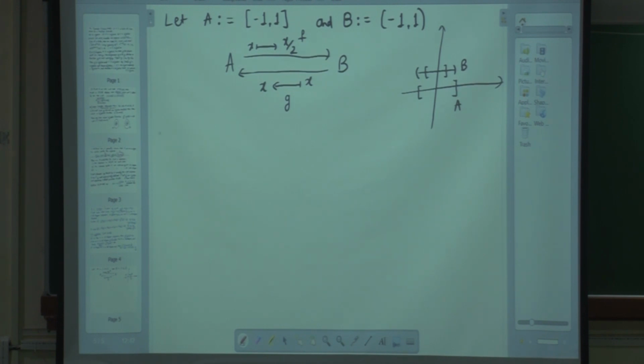So we want h from A to B which is a bijection. If you follow the proof of this theorem, the CSB theorem, there will be one question of this type in your tutorial sheet also: follow the proof and obtain a bijection. What we will do is very simple actually.